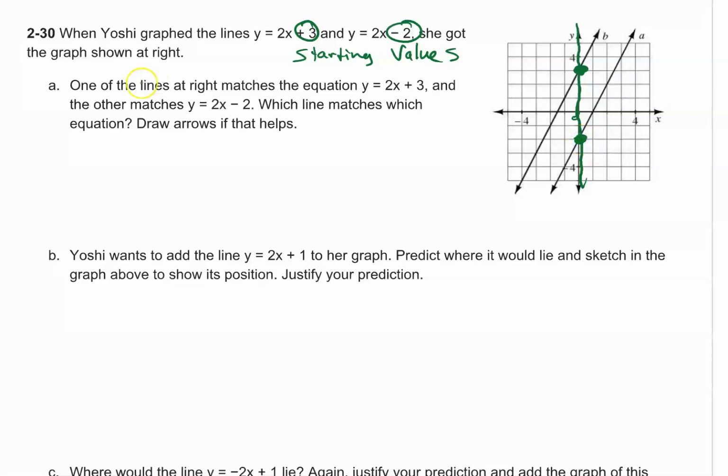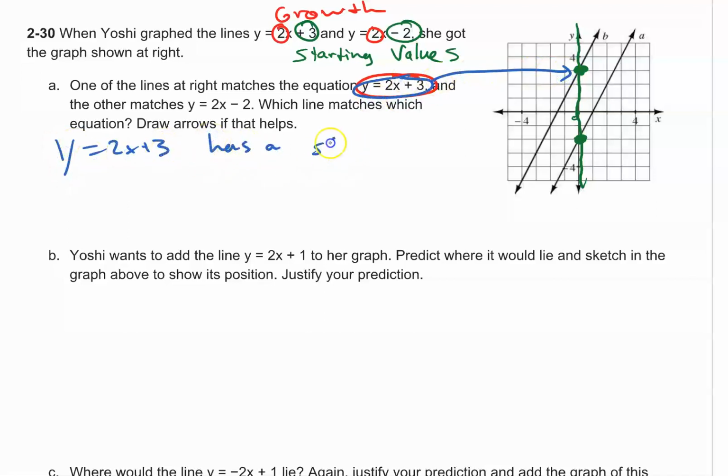Okay. For part A, let me point out the growth too. The growth is the same. Same growth. All right, so part A says we're supposed to match the equation. Which one goes to 2x plus 3? Well, as I mentioned, that's got to be this one, which has a starting value, or the official word, y-intercept of 3.